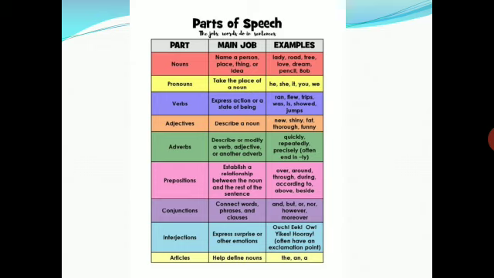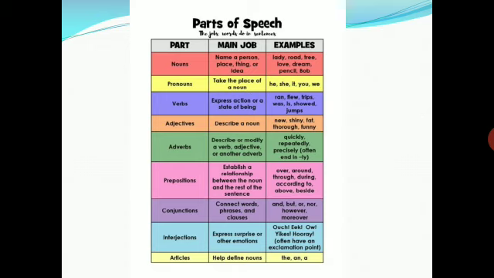Then we have prepositions. They establish a relationship between the noun and the rest of the sentence. For example, over, around, through, during, according to, above, besides. Conjunctions connect words, phrases and clauses. For example, and, but, or, nor, however, moreover. Interjections express surprise or other emotions.